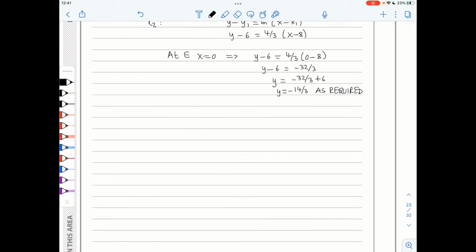The radius will simply be 12 plus 14 over 3, which is 50 over 3.